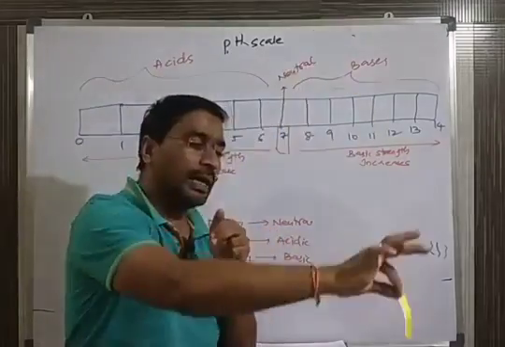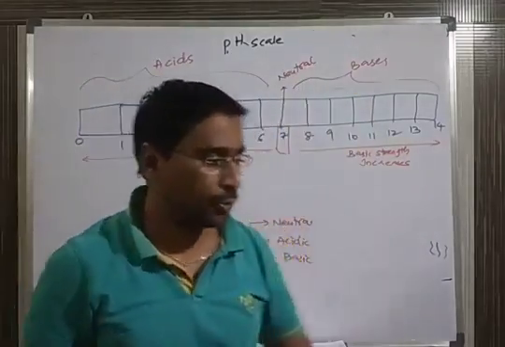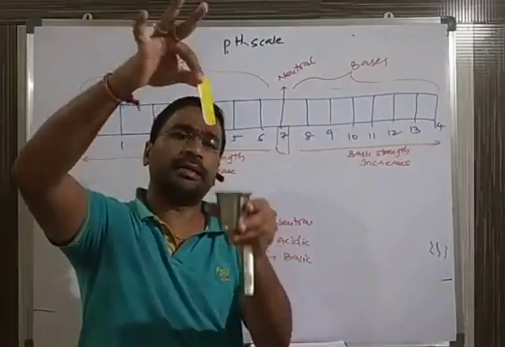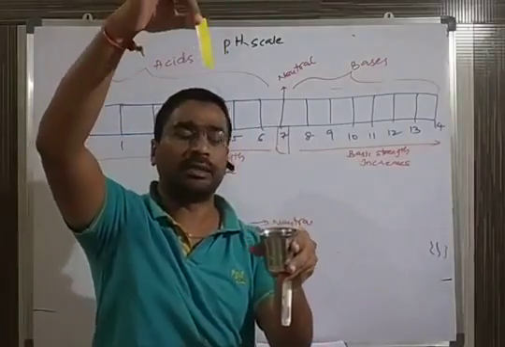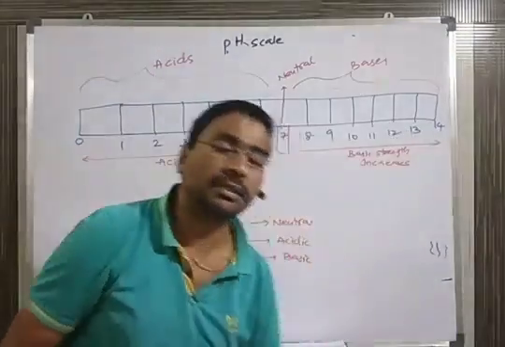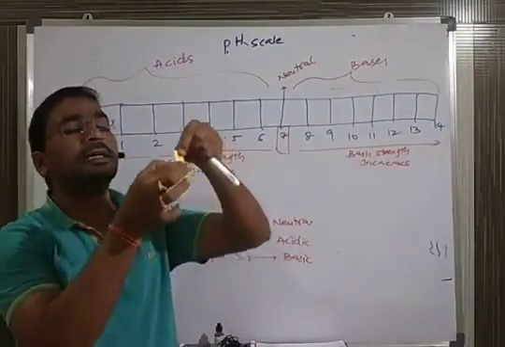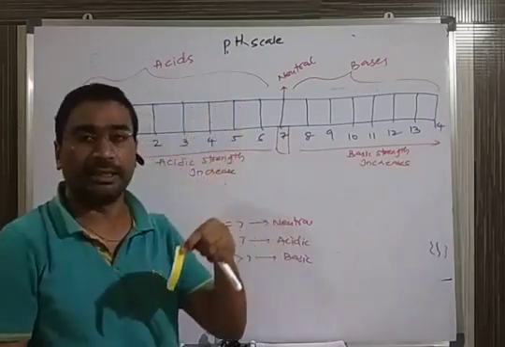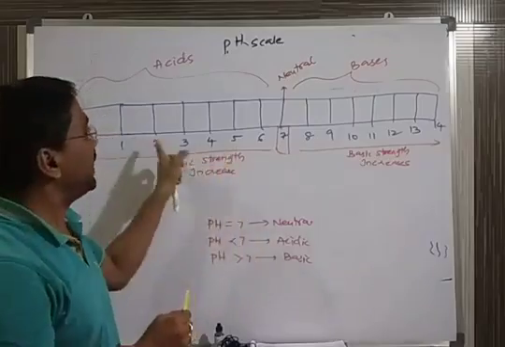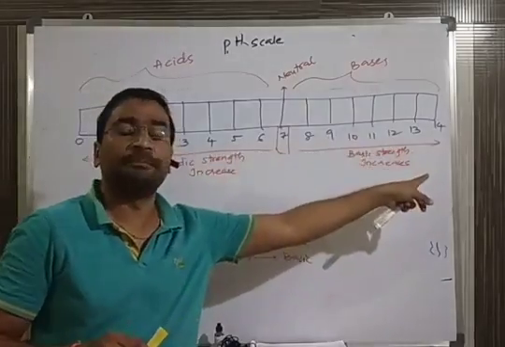Take this and dip it in any of the samples. Suppose I am taking some water. You just dip it and take it out. That's it. When you dip it, automatically we will observe the color of this pH paper change. Depending on the color change, we can say which pH it is.